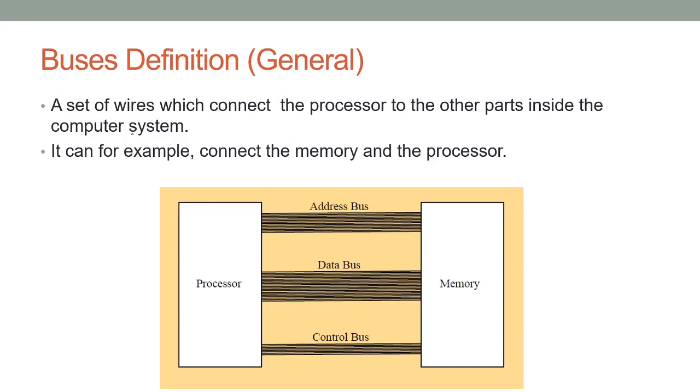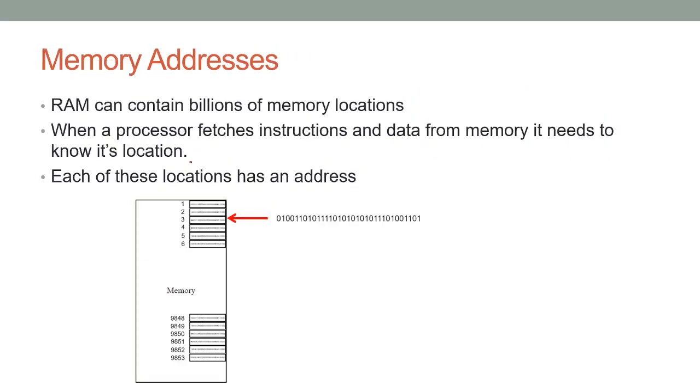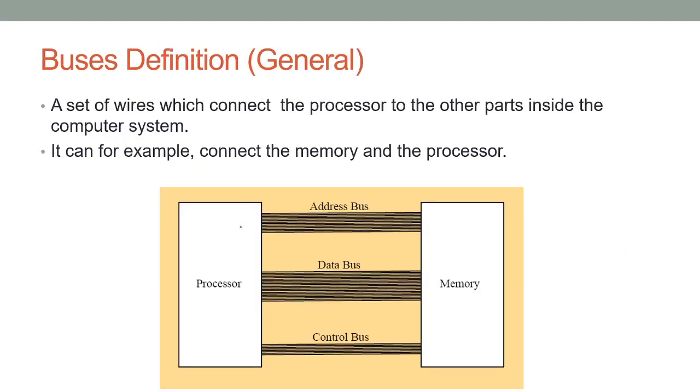So let's just jump into it. An address bus identifies a storage location in main memory, and it will carry that information from the processor to the memory. So this is what I was talking about. Each one has a location. The processor sometimes needs to find, say, an empty space, or maybe it has to pick something up.